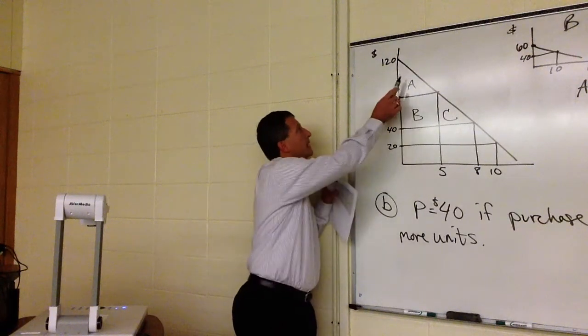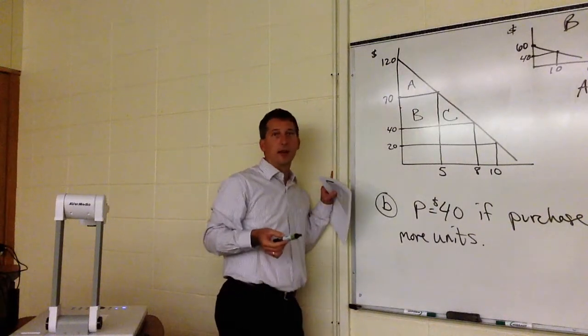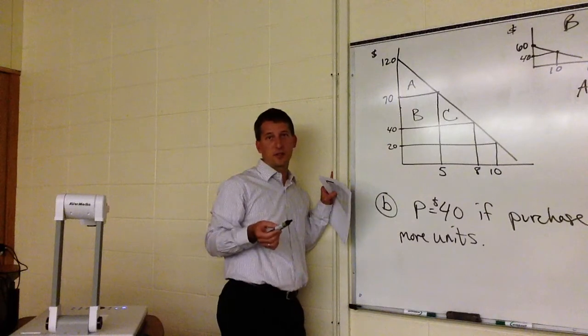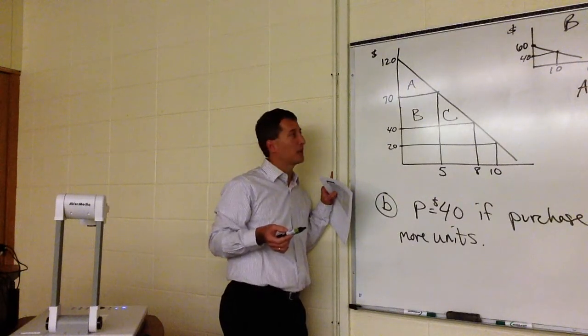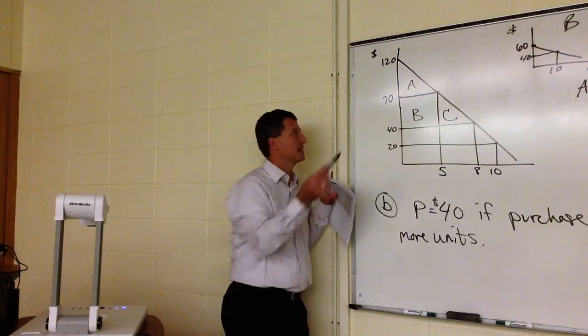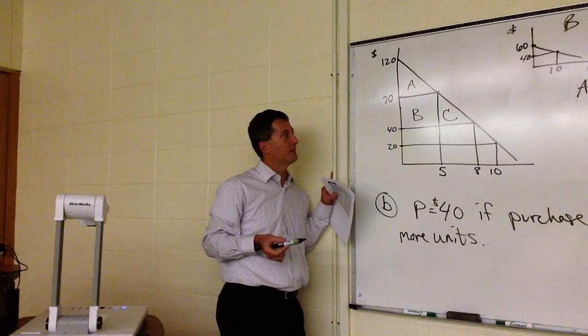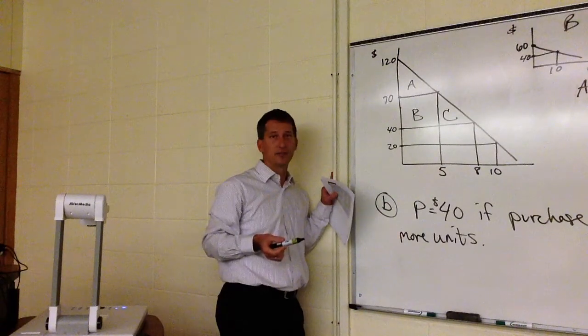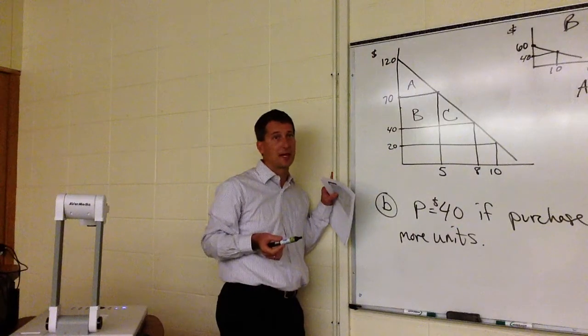So Blake identified that A is the consumer surplus here. If they are forced to buy 10, what is their appropriate consumer surplus at 40? B and C. Okay, good. B and C, but there's more to the story. They're forced to buy 10.